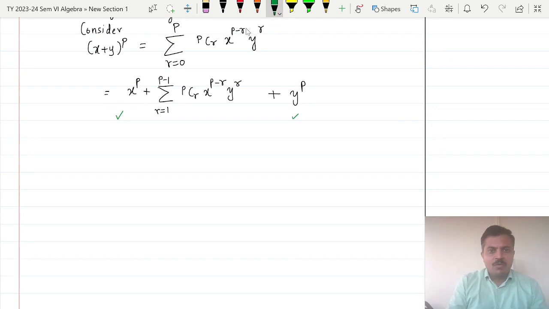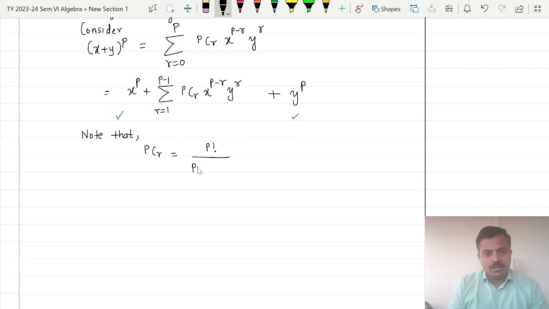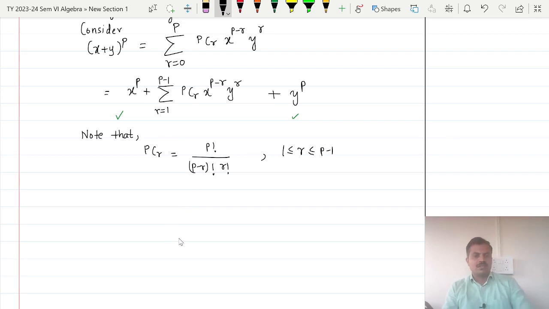Note, what is the formula of pCr? It is p factorial upon (p minus r) factorial into r factorial, where the value of r varies from 1 to p minus 1, isn't it?